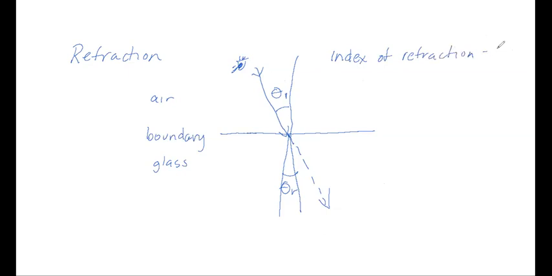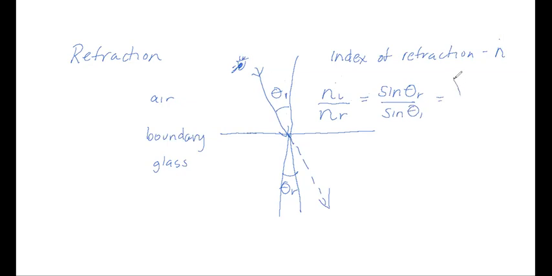And its symbol is a small case n. So this whole phenomenon is related by the n of the incident material divided by the index of refraction of the refracted material equals sine of the refracted angle divided by sine of the incident angle.